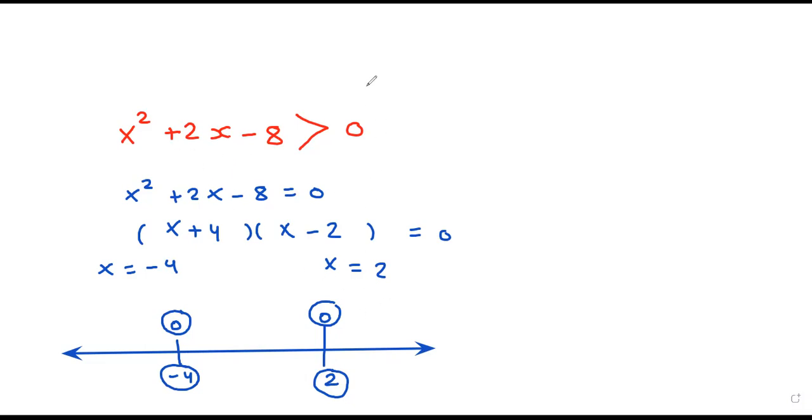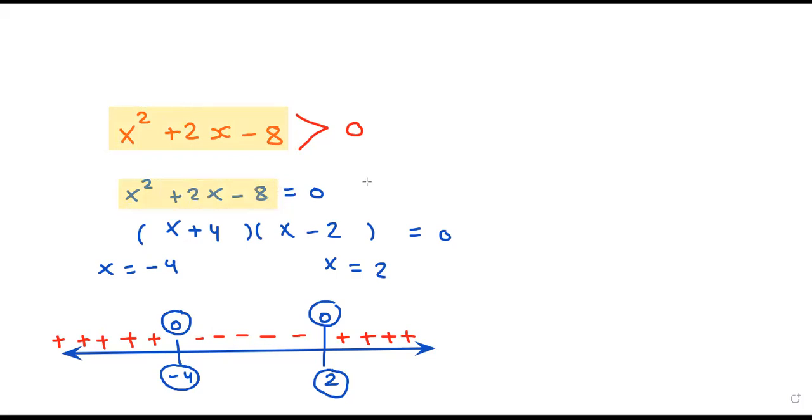You will find that the expression will be positive. And on the left, it will be the same. If we substitute minus 100, you will get that the expression is positive, and in the middle negative. I mean this expression, x squared plus 2x minus 8, this one.